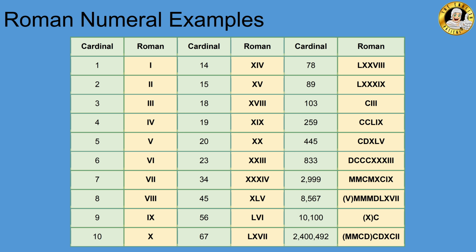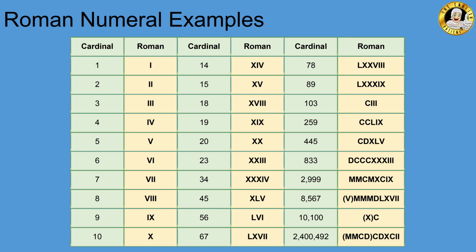103, so C is 100, and then 3 after that, CIII. 259, well, let's have CC, and that's 200, L is 50, and then IX is the 9. 445. So now I will take 500, which is D, and I will subtract 100 from that 500.